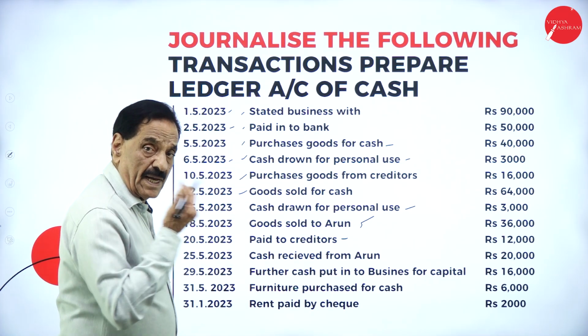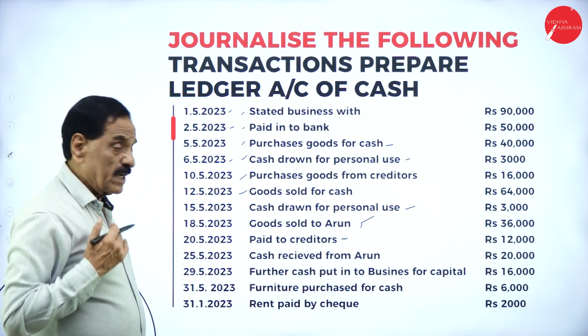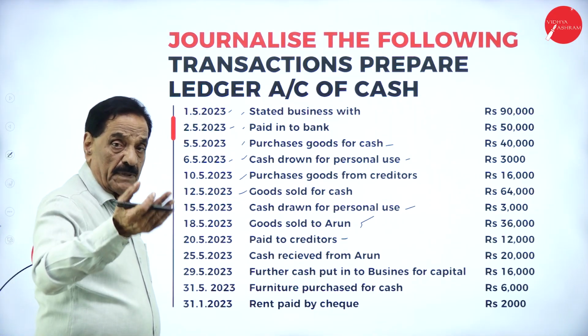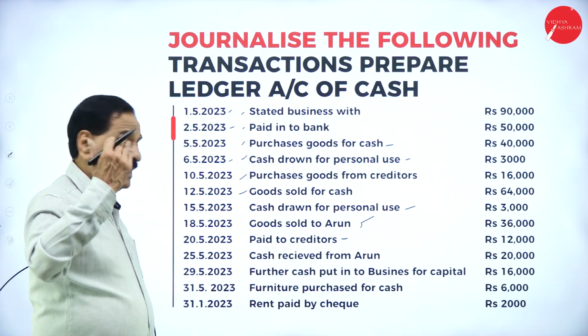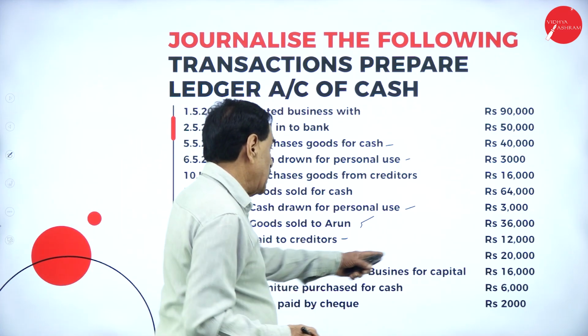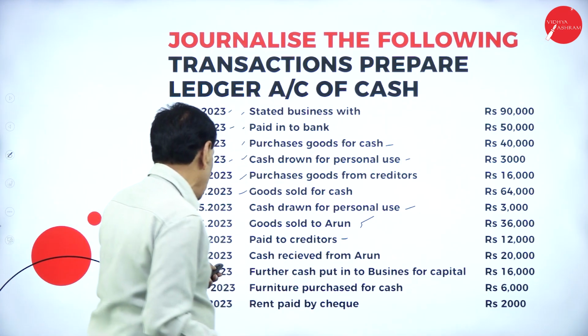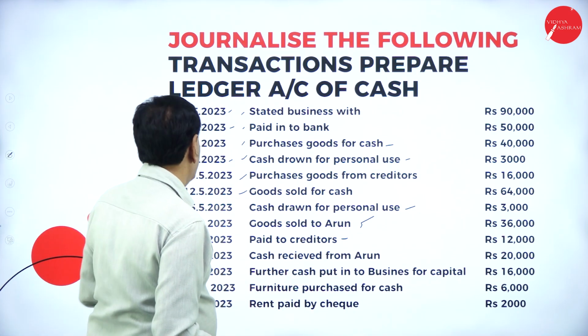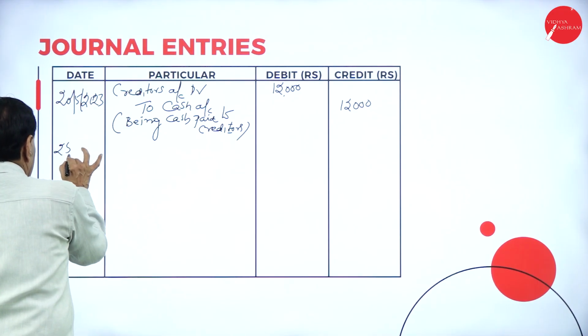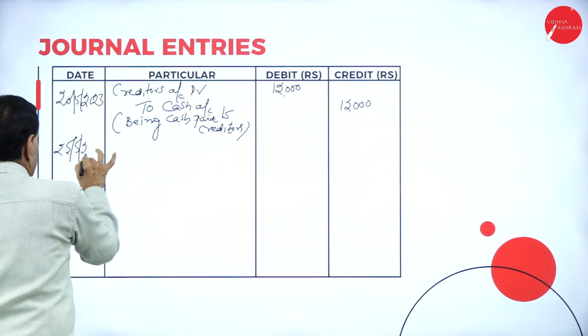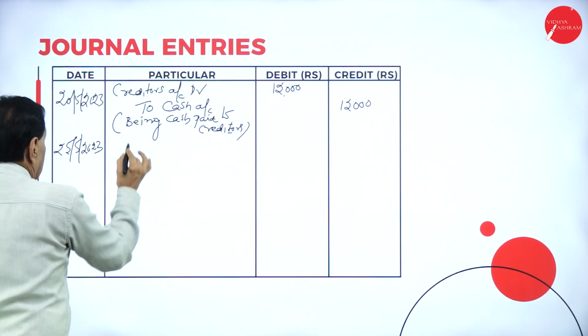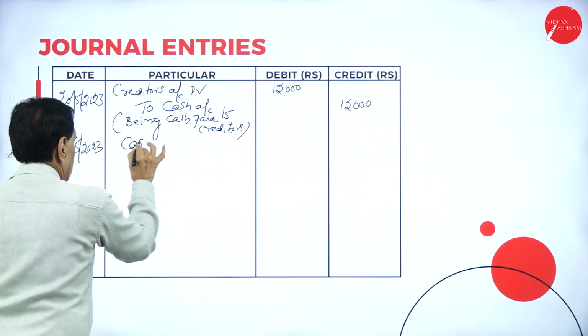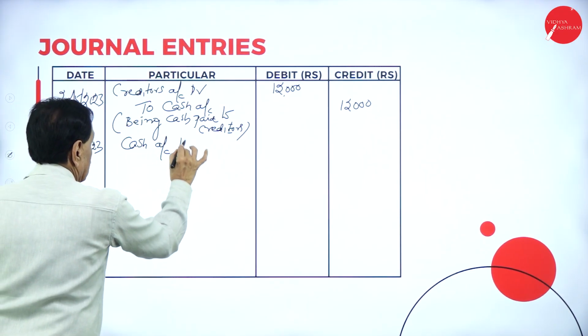25th, cash received from Arun. What is coming in? Cash is a real account. Debit what comes in. From whom? Arun is a personal account. Debit the receiver, credit the giver. How much cash is coming in? 20,000 on the 25th. Cash account debit, cash received.